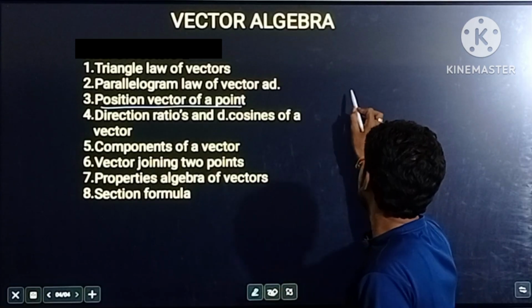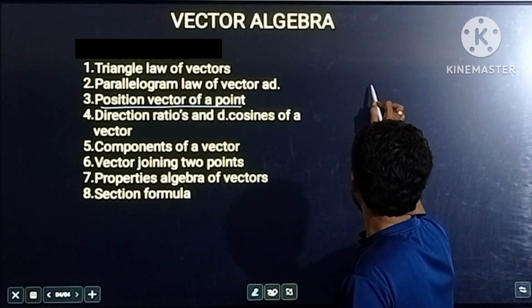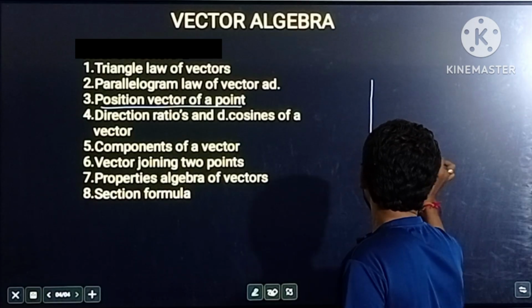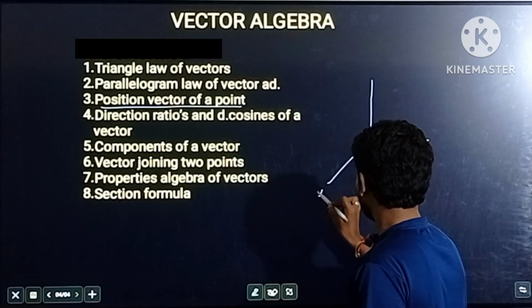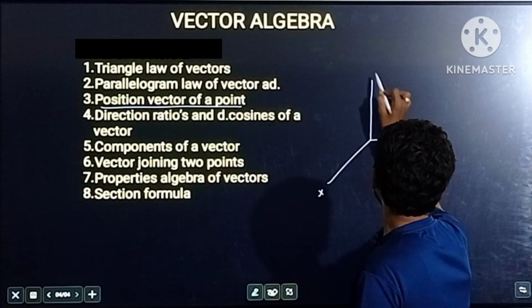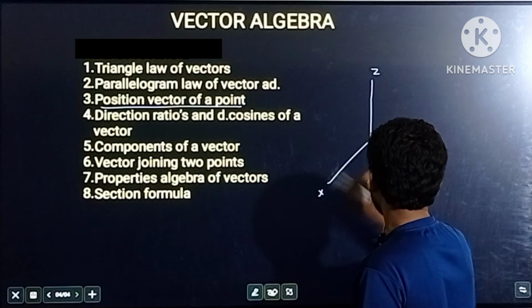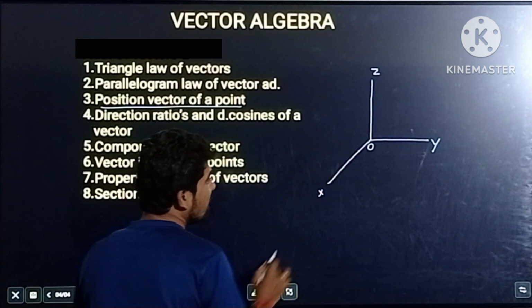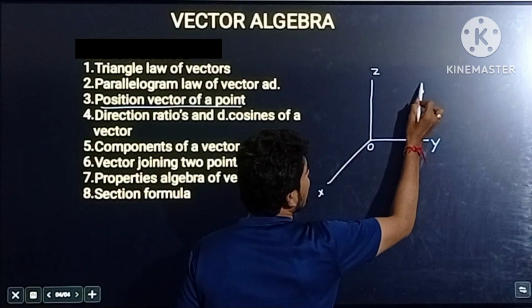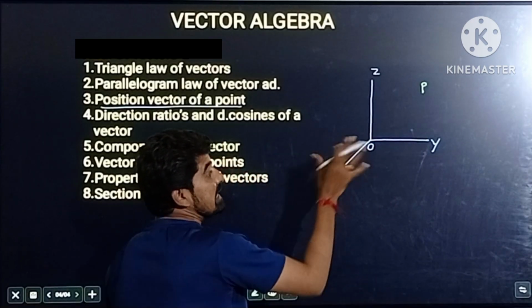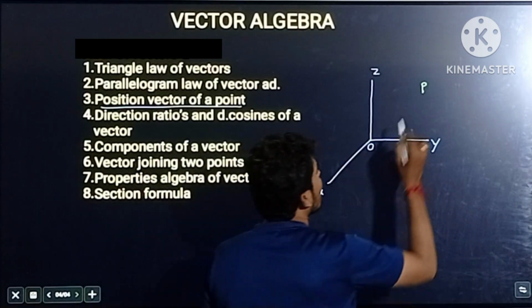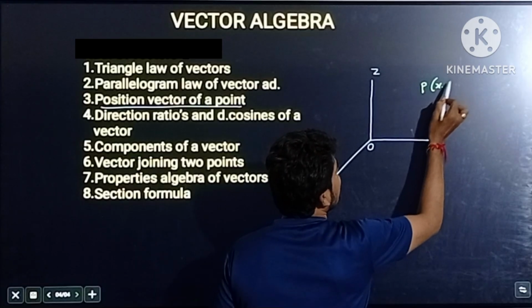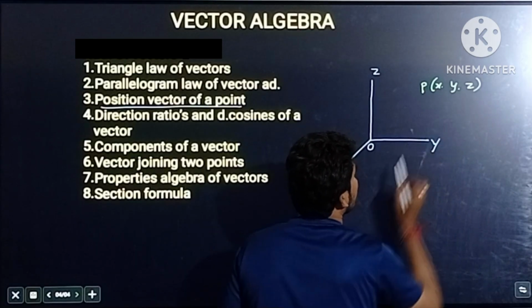See here. Suppose we consider a Cartesian plane with x-axis, y-axis and z-axis. Let this be the origin. Suppose P is a point in space, and the coordinates of the point P are x, y and z.